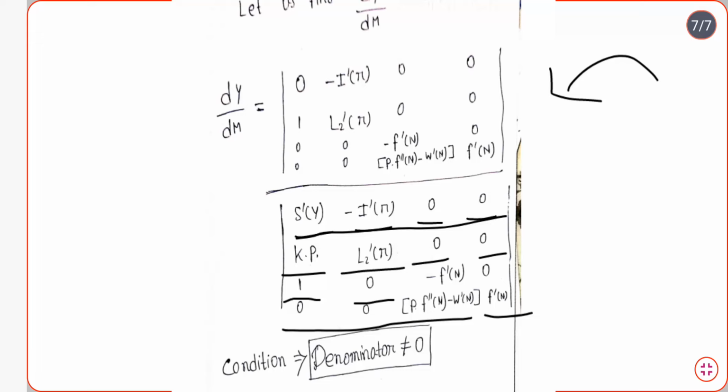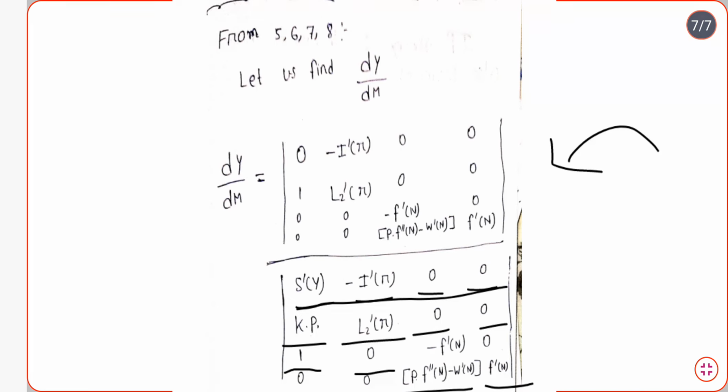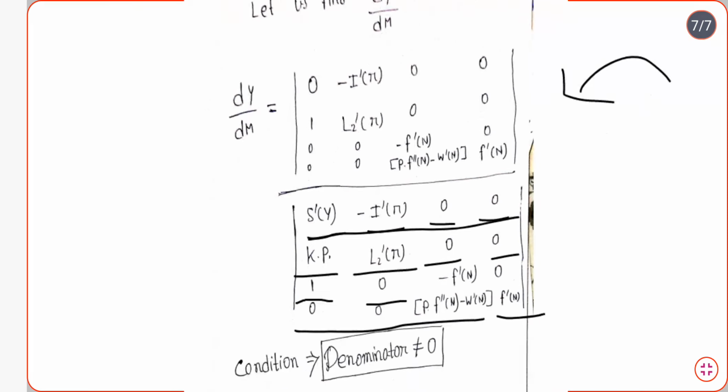Now the numerator matrix is very easy. We have to just be cautious about what we are actually trying to find. I am trying to find dydm here. So just look at the denominator matrix at first.